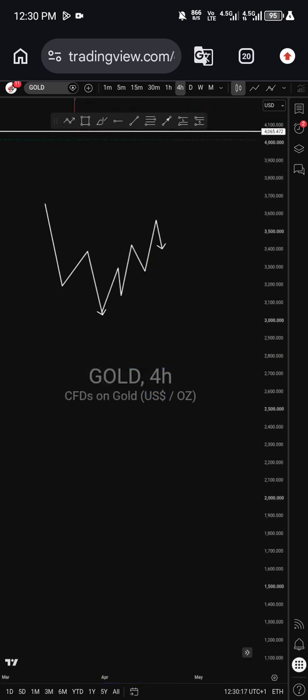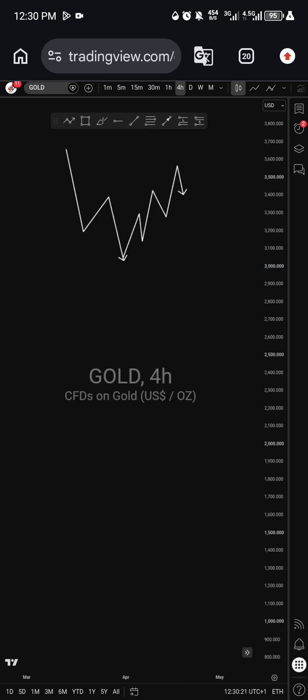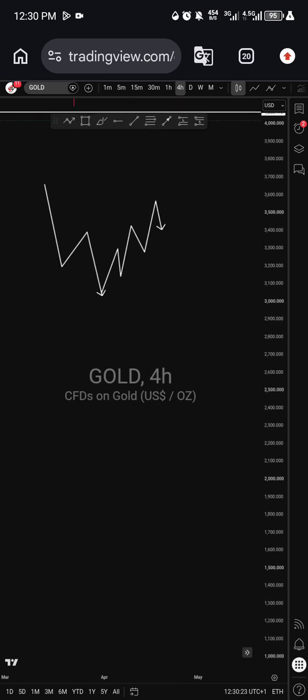Watch well. If it starts making this move, it is in a correction phase, then yes, it's corrected.